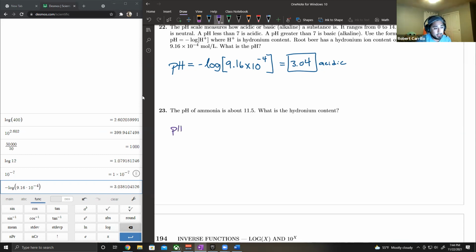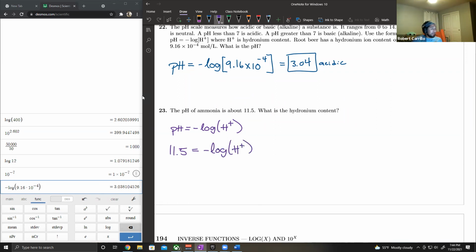We have pH is equal to the negative log of H. On this problem, they're giving us the pH of ammonia, which is 11.5, so we're going to plug that in for pH.